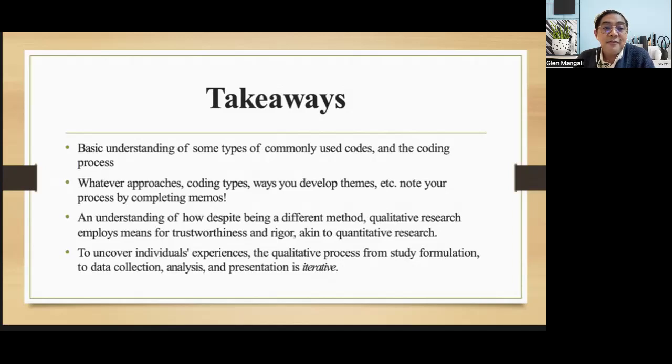And finally, to uncover individual experiences, the qualitative process from study formulation, data collection, analysis, and presentation is iterative, meaning there is really a possibility that it can change. That will depend on the experts' opinion, based on the audit trail, or it could be because of the participants. So that is the end of our session on qualitative, and I hope that you have learned something today.